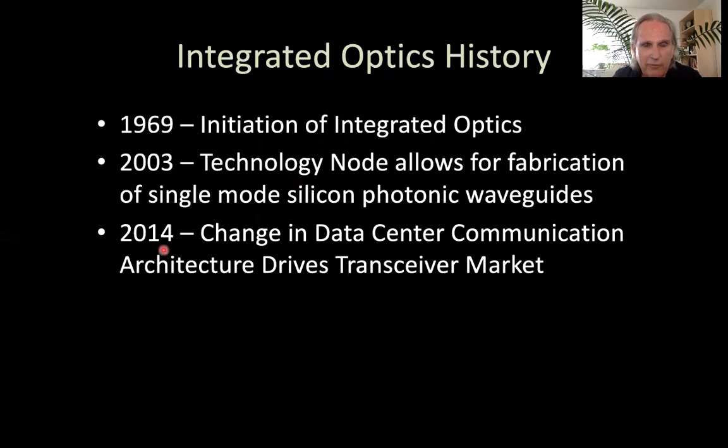And then suddenly in 2014, as we saw from that market, 2014 was a massive inflection point where everything started taking off. After we finish up with this historical part, we'll talk about technology, we'll talk about research.